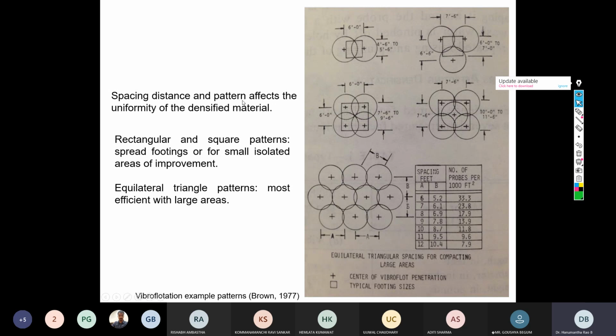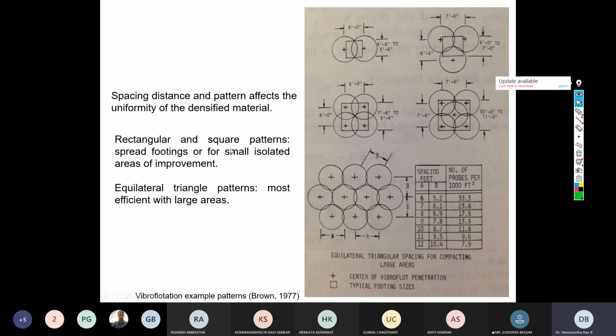The spacing, distance and pattern affect the uniformity of the densified material, as is true from the right side schematics. If you do not judiciously choose the spacing, then we may leave some kind of void, which may create non-uniform or differential settlement in subsequent times.